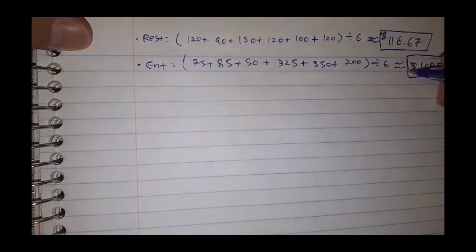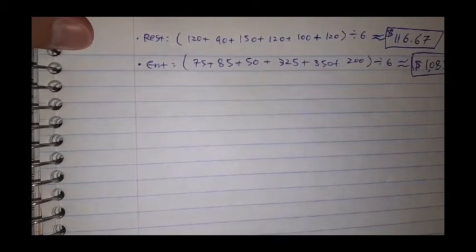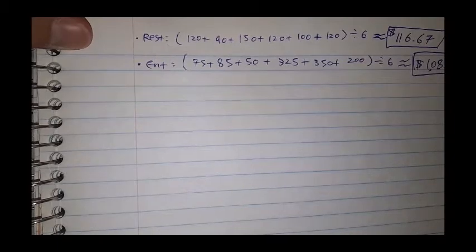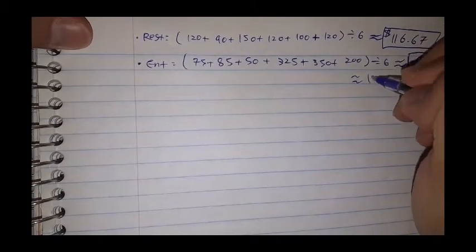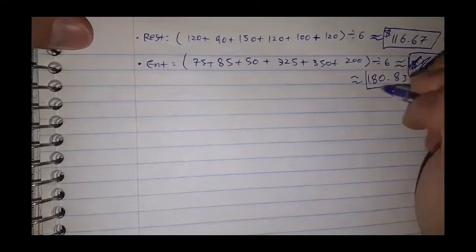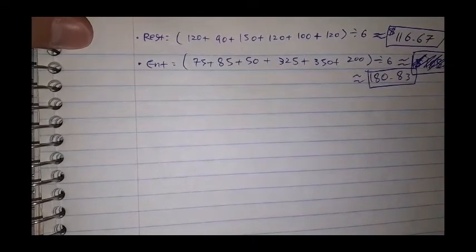And the thing is, it's the exact 1,000. Oops, sorry. Now I need to divide it by 6. I just add them up. 180.83. That's about the average money for entertainment.